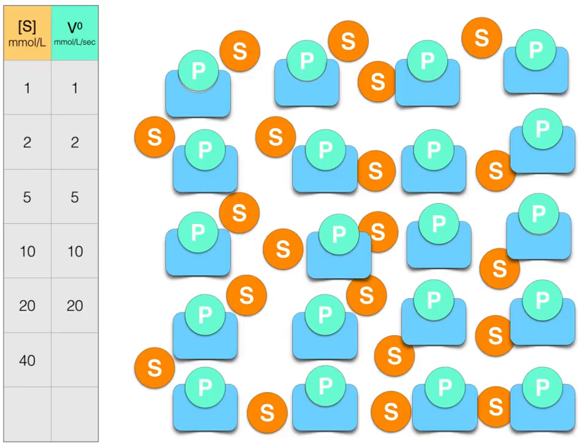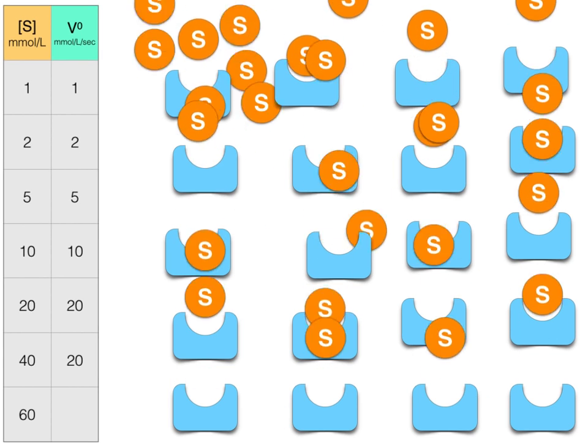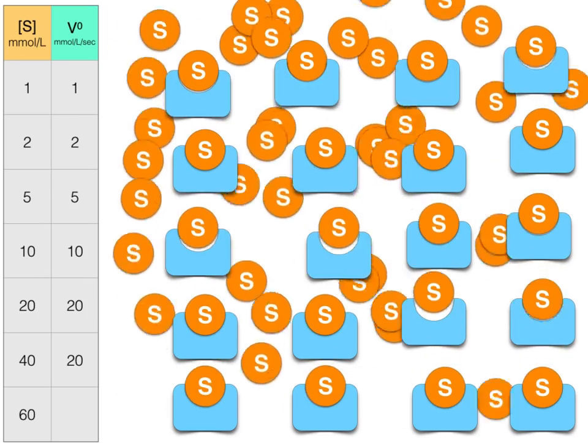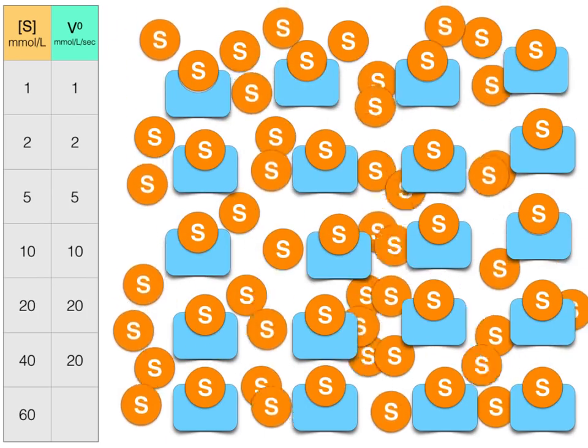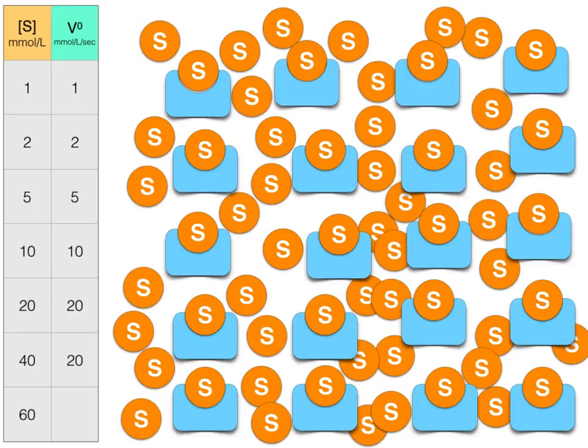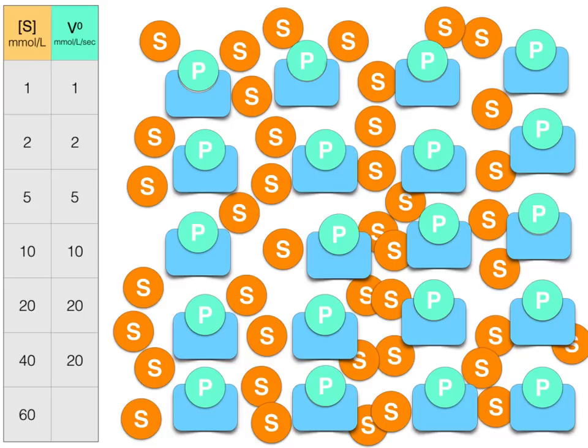Maybe if we introduce 60 substrates, we can go beyond 20 products. So as expected, the amount of products remains constant at 20. So now we see that the reaction velocity is obeying zero order kinetics.